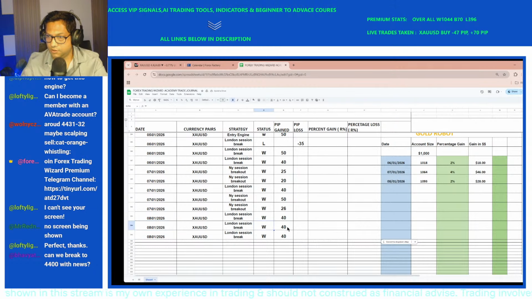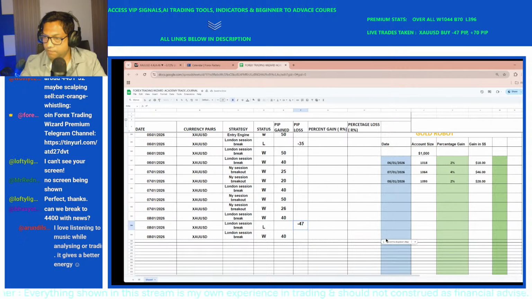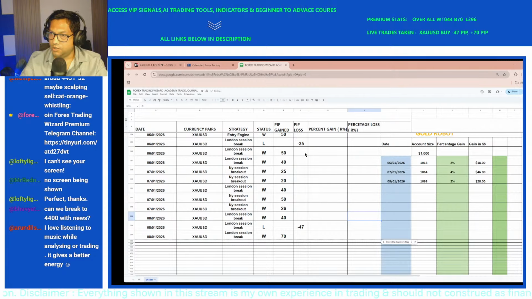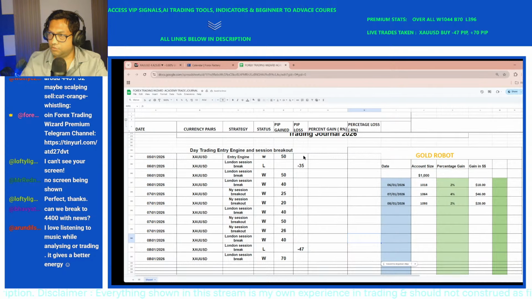One was a losing trade. For a long time I had one, and it took me minus 47 p. This one, I like that trade, it was 70 p. So we are up in total here 411 plus 82 minus.